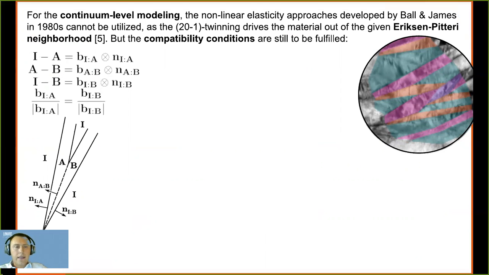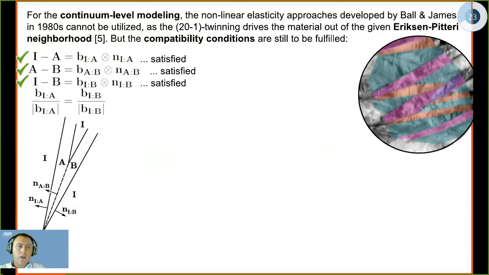Well, it's again a bit more complicated than for classical twinning, but in fact one can simply write down the compatibility equations that ensure that this microstructure can exist without some really excessive elastic strains, and these equations are in here.